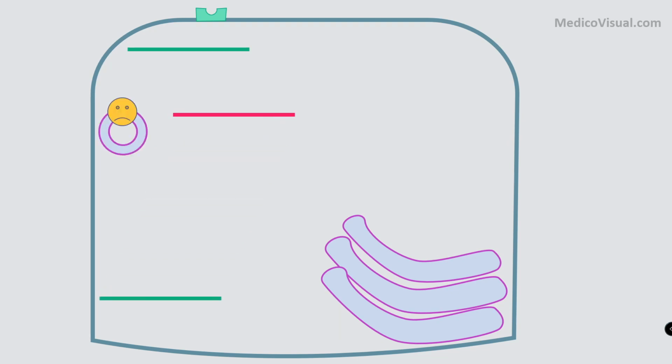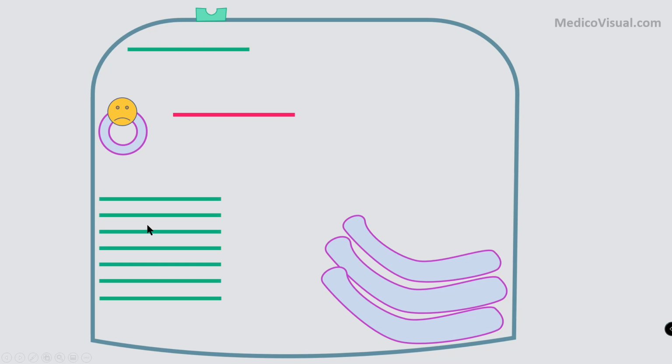So using this negative sense strand as a template, it will create a copy, and it will run again and again over it to make multiple copies. These copies are full length, positive strand, continuous genomic RNA.